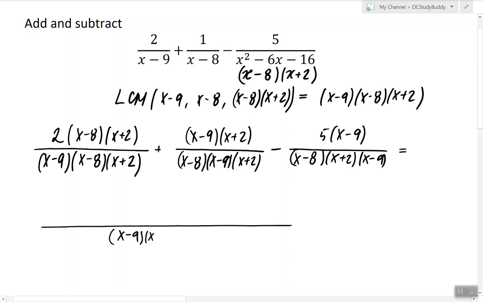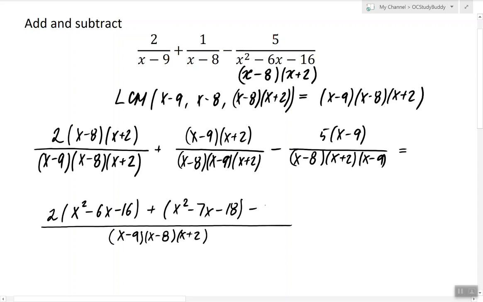So this is my denominator, and before I do addition subtraction, I'm going to distribute everything in each numerator to write it in standard form. So here we have 2x squared minus 6x minus 16 plus x squared minus 7x minus 18 minus 5x minus 45.